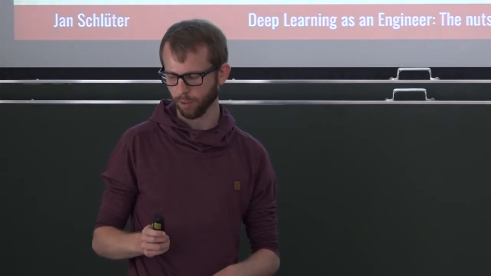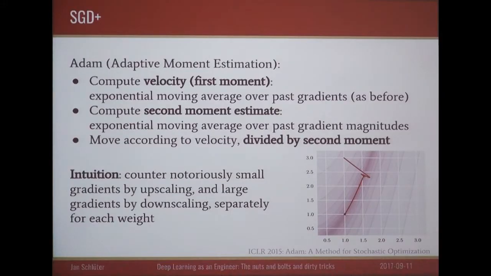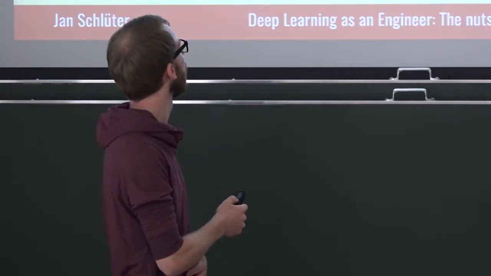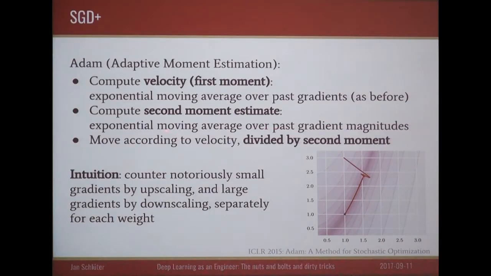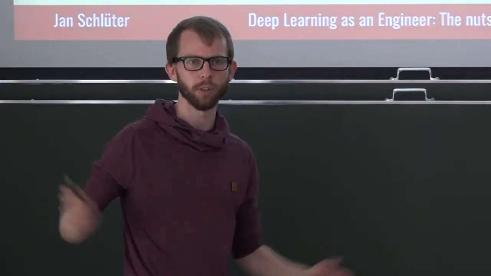But it still oscillates. So another very popular scheme nowadays is Adam, which also has this velocity, the exponential moving average over past gradients, but it also has an exponential moving average over the past gradient magnitudes with a much longer history.